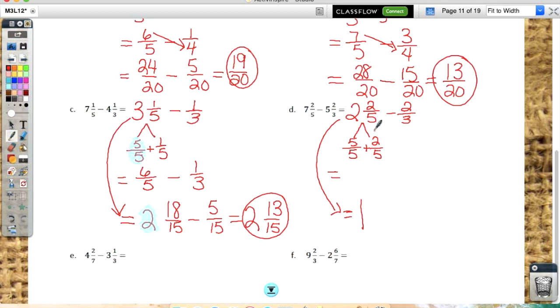Could I make that improper fraction in my head? Maybe. I'm writing it down so you can see my thinking. 7/5 minus, whoops, good grief, minus 2/3. We good? Yeah. Common denominator? 15.